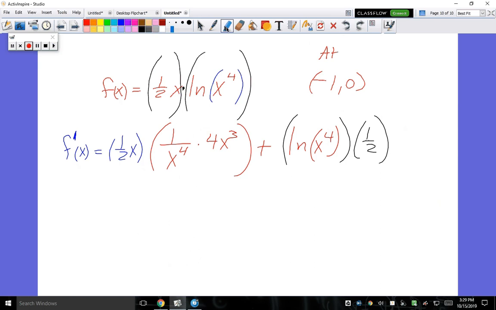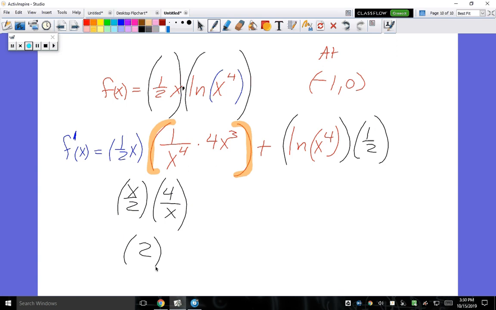What is this simplified to? You should be getting faster with simplification. What is this simplified to? 4 over x. So 4 over x times x over 2, right? What would that all simplify to? 2.